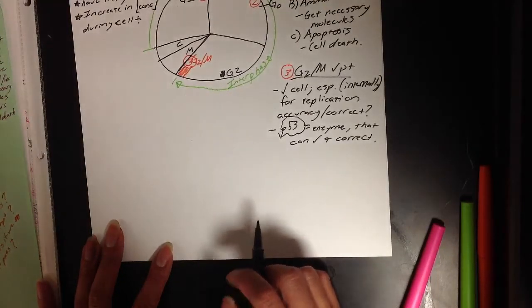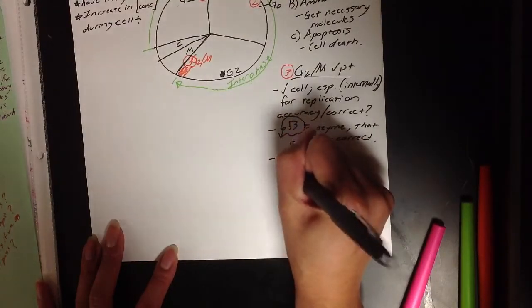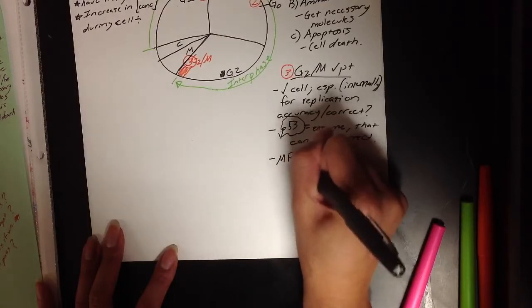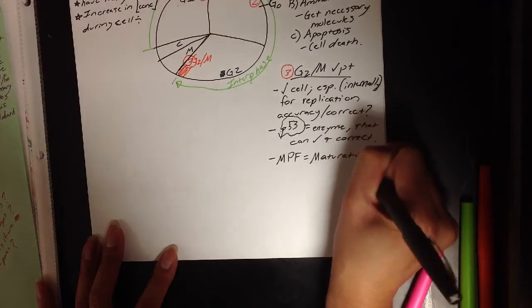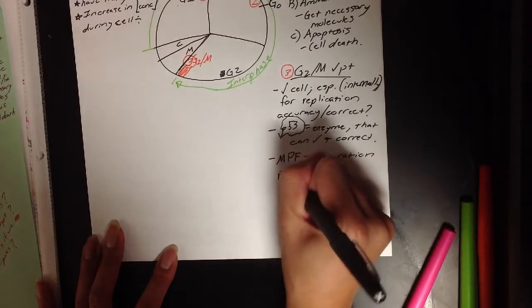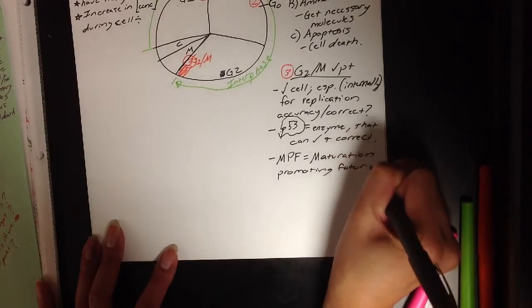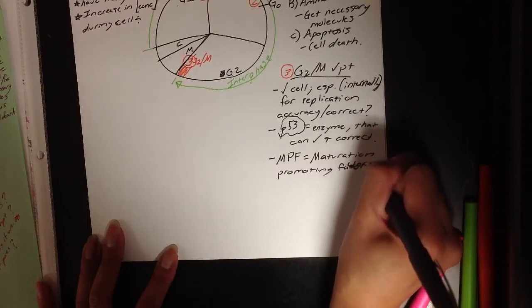In addition to the P53 enzyme, we also have some proteins known as MPFs, which are maturation promoting factors.